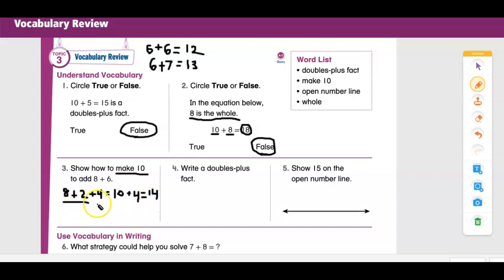So this equation is the same as saying 8 plus 6 equals 14. So that is another way that we can show how to make 10 to add 8 plus 6. So we used the tens frame, and then we also used rewriting our equation.